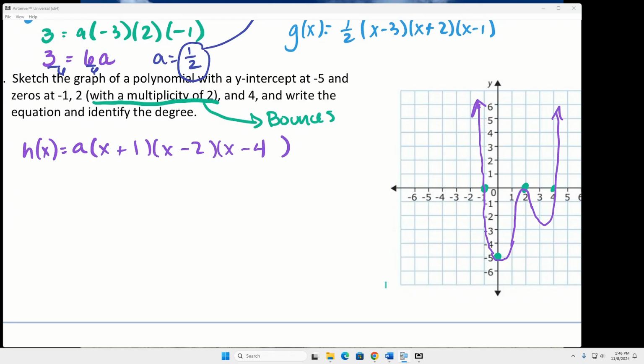Be careful because this one, this 0 has a multiplicity of 2, which means I have to do a power of 2 up there. Okay, so now, just like the previous two, we're going to put in our y-intercept.